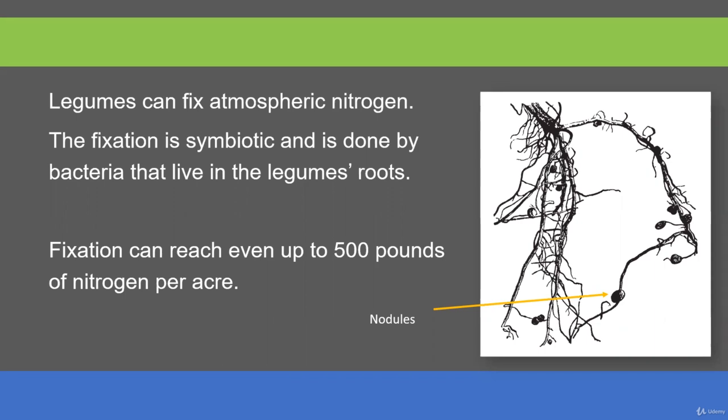It can reach considerable amounts of nitrogen. Fixation can reach even up to 500 pounds of nitrogen per acre. Okay, that's a lot. And this group of crops that can do that are the legumes. All right, over here we see the nodules on the roots.